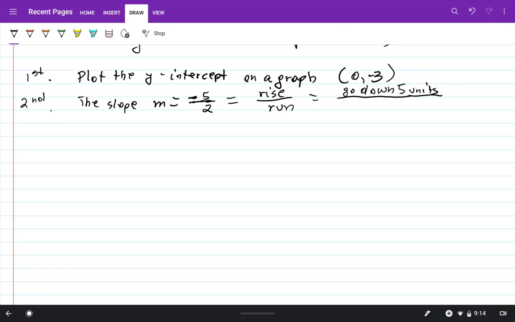And run means that you're running to the right or to the left. That's your horizontal. So here we're going to run, which is move. Since 2 is positive, we're going to move to the right 2 units.